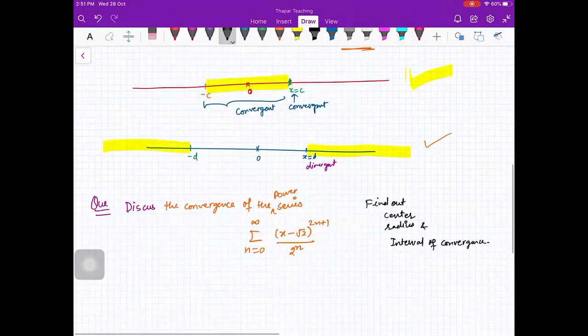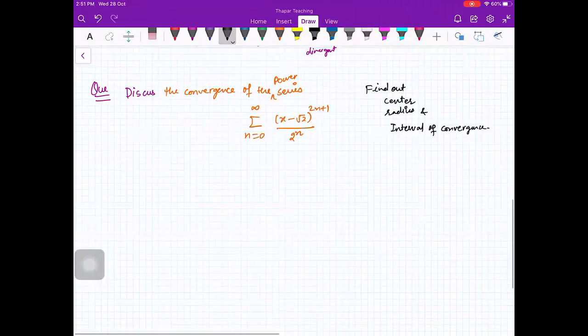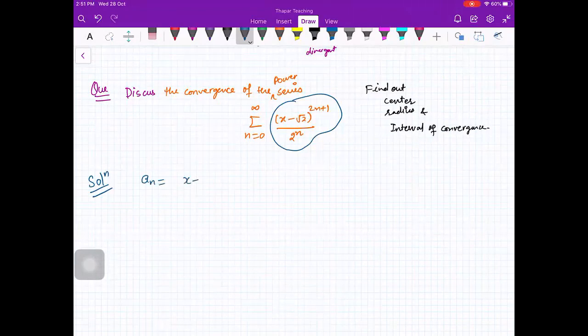So let us do this. I told you yesterday that this is your an, and we don't know whether it is positive or not. So we will always start with modulus because we want to apply ratio or root test, because that is easier here. If we apply ratio test, terms will cancel and we will get something.